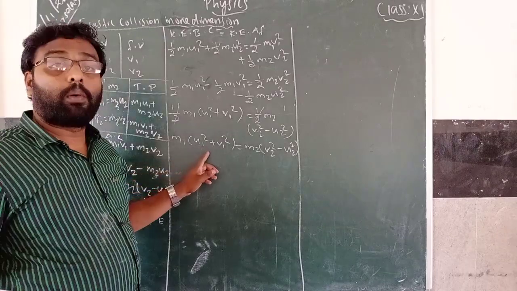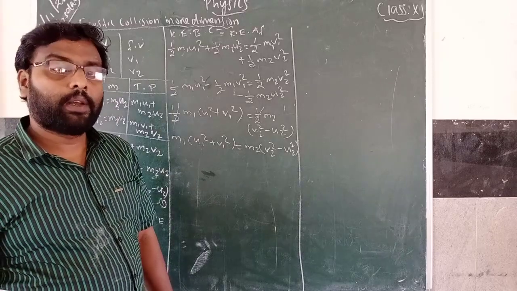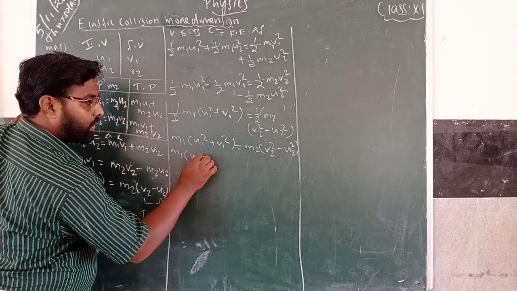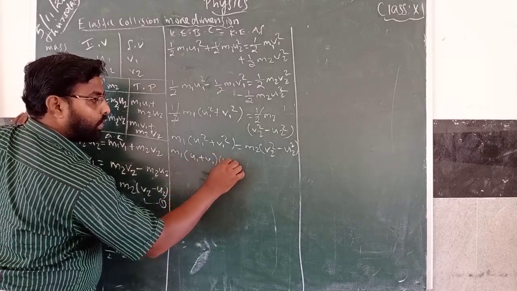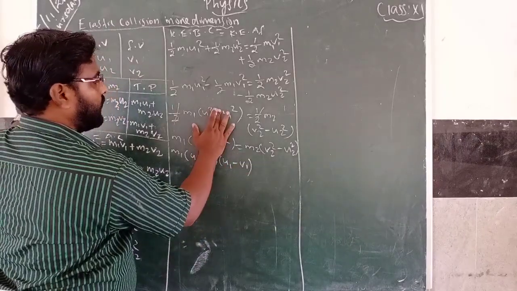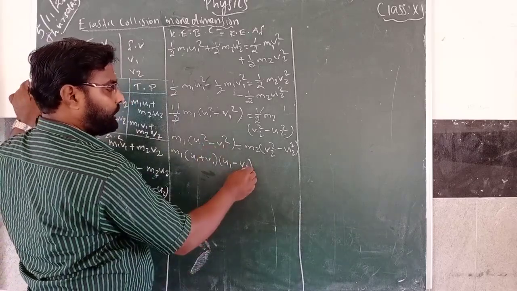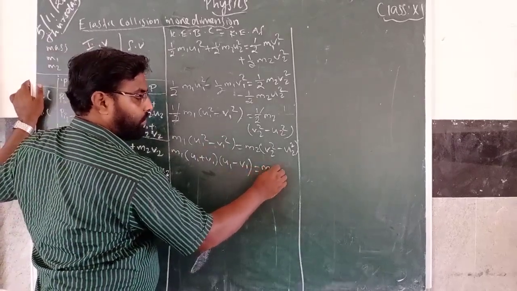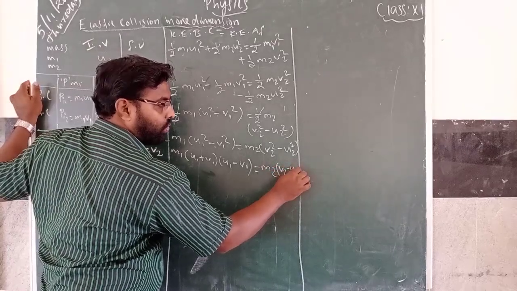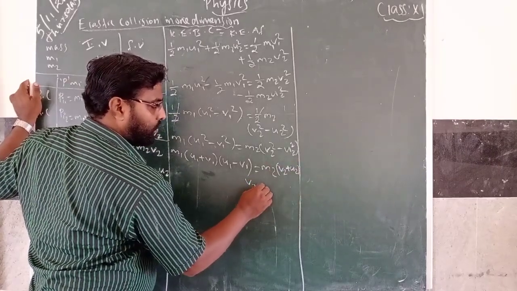Now you know this is in the format a square minus b square. A square minus b square means a plus b into a minus b. So m1 into u1 plus v1 into u1 minus v1 equal to m2 into v2 plus u2 into v2 minus u2.